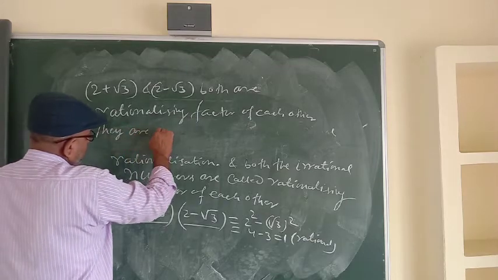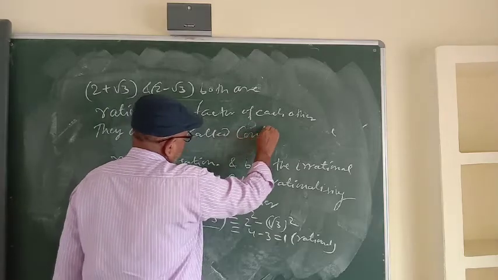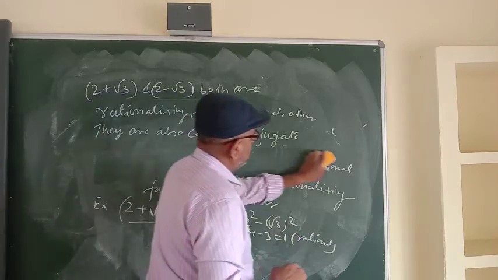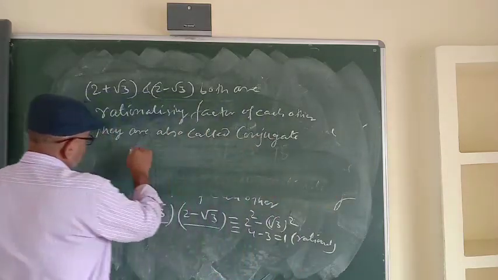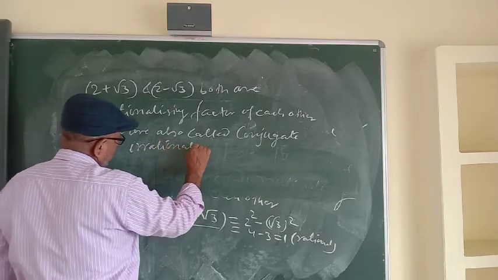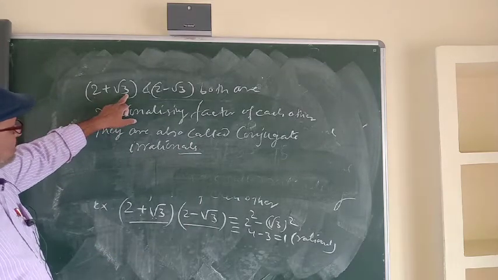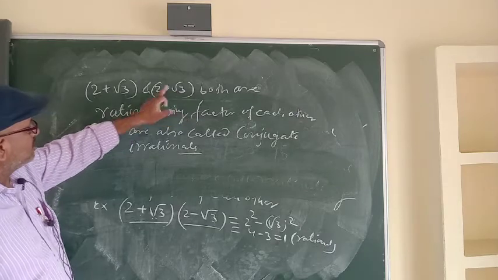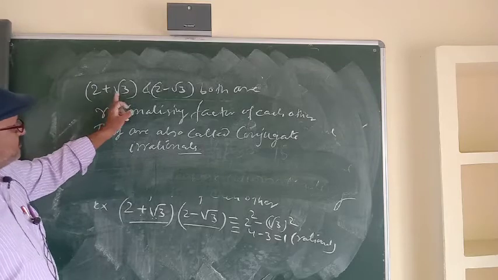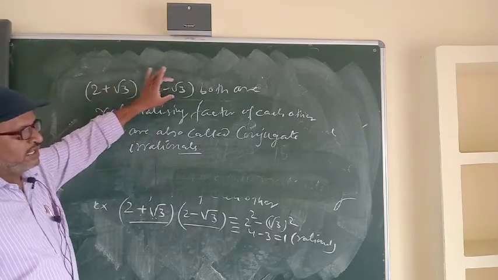They are also called conjugate irrational numbers. The conjugate irrational of 2 plus root 3 is 2 minus root 3, and the conjugate irrational number of 2 minus root 3 is 2 plus root 3. We change the sign of the irrational part.